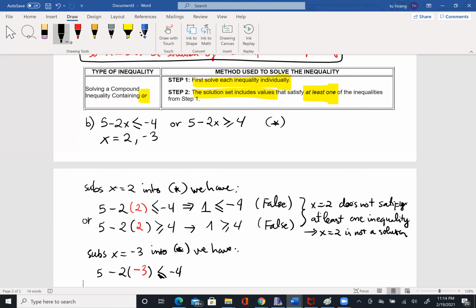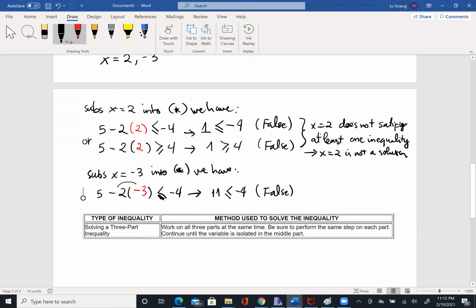Let's simplify it to see what happened. So I have 5 minus 2 times -3, which is 5 plus 6, right? -2 times -3 is +6. So 5 plus 6 is 11, less than or equal to -4. Is that true? No, it is a false statement.